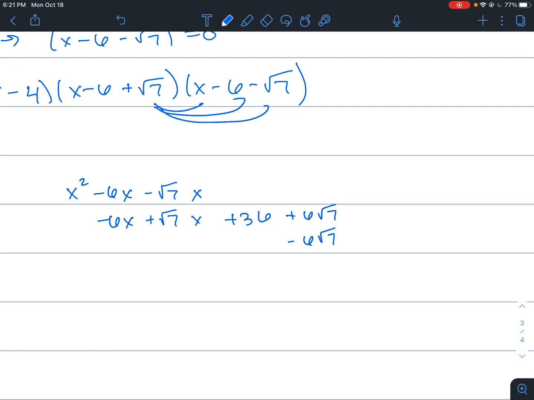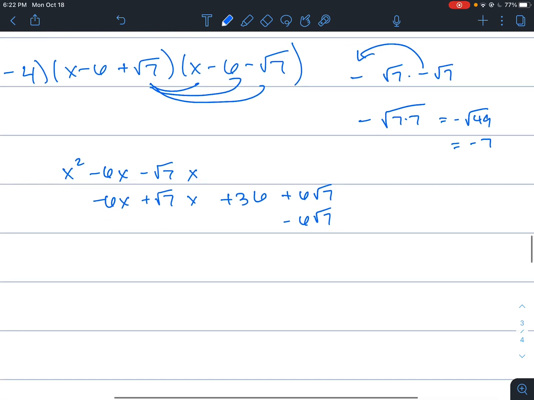And then positive square root of 7 times negative square root of 7. I'll put the negative out here because the order doesn't matter. So it's negative square root of 7 times 7, which is negative square root of 49, which is just negative 7.